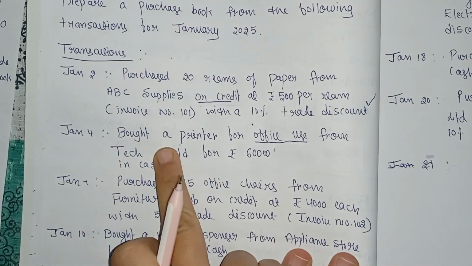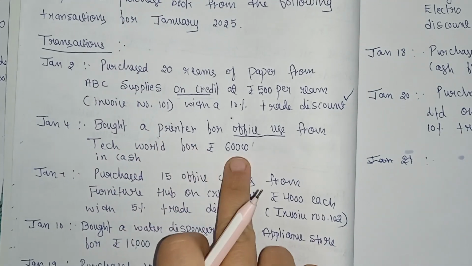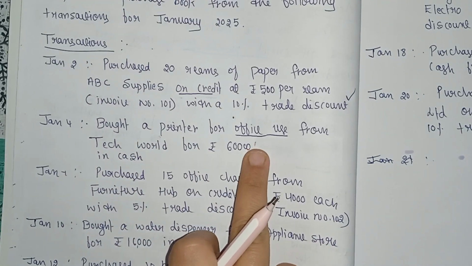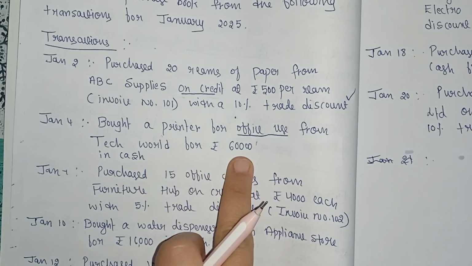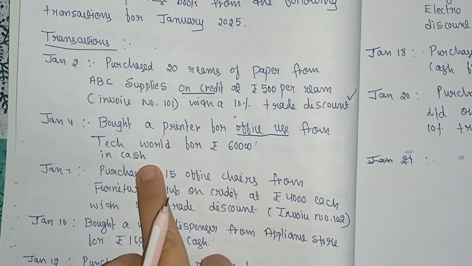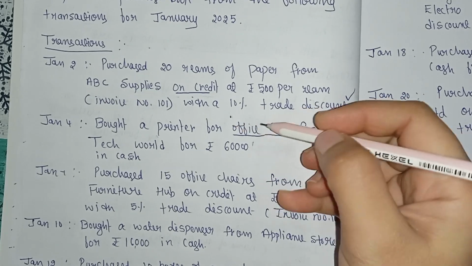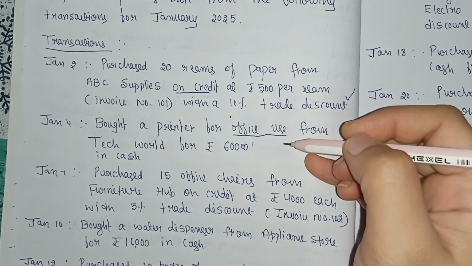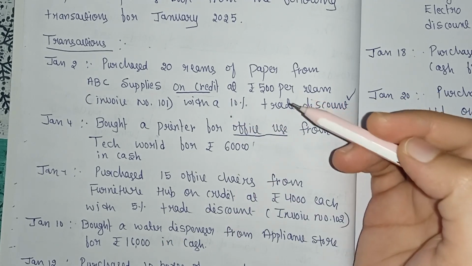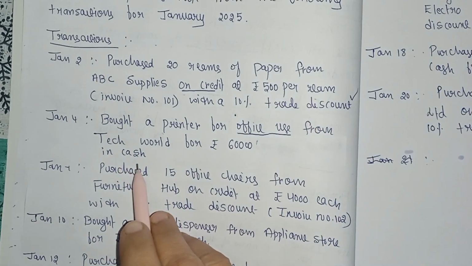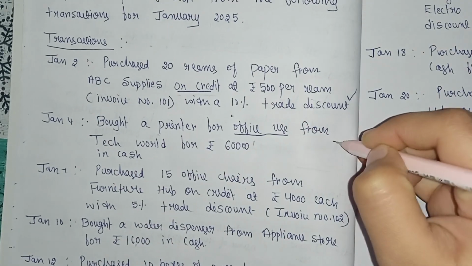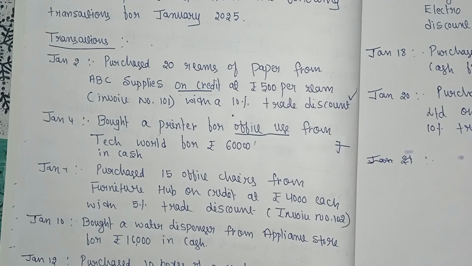But in this transaction they are saying they bought a printer for office use from Tech World for rupees 60,000 in cash. The printer is for office use, so it will not come in the purchase book, and they purchased it in cash. So this transaction is not included in the purchase book.